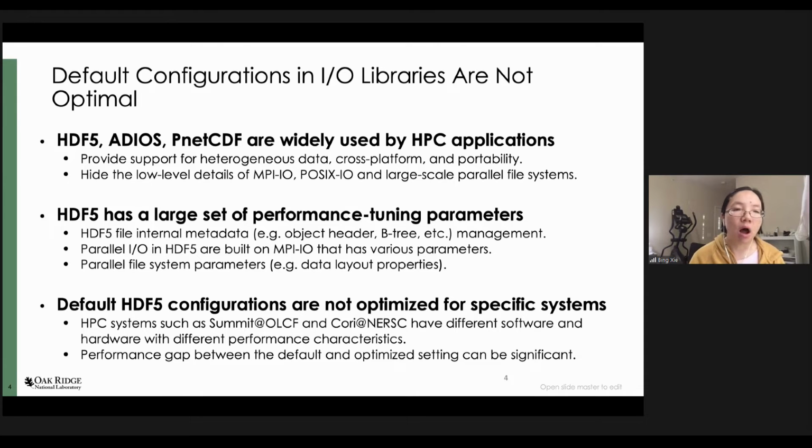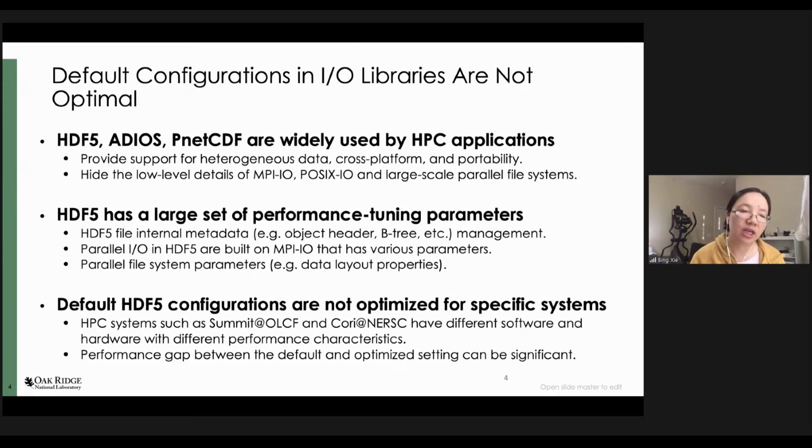And all of them provide the same functionality to the users: they hide the low-level details of MPI/IO, POSIX/IO, and large-scale parallel file system software, and let users manage all of the lower-level tuning parameters at the I/O library level. That is also the base on which we can build this work.